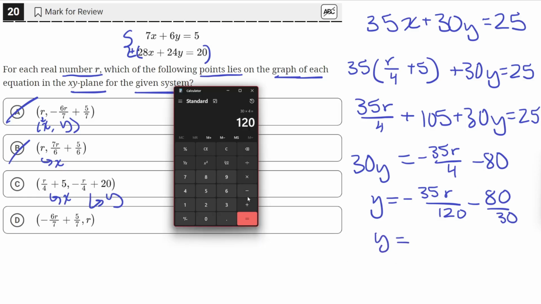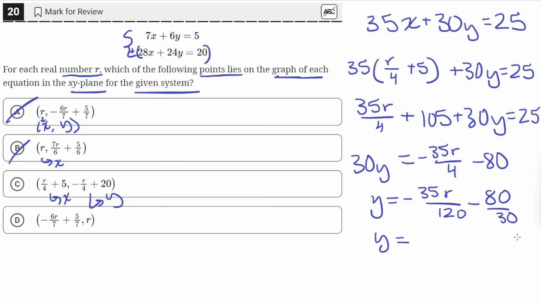So now let's just simplify. So 35 divided by 120 is equal to a really small decimal. But let's see if we can actually divide these two so that we can get something similar looking to this.